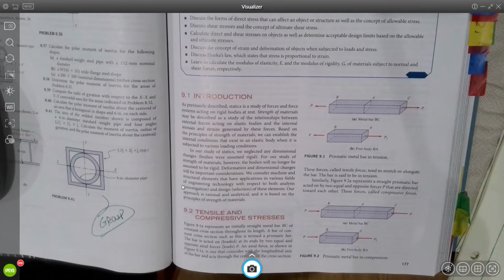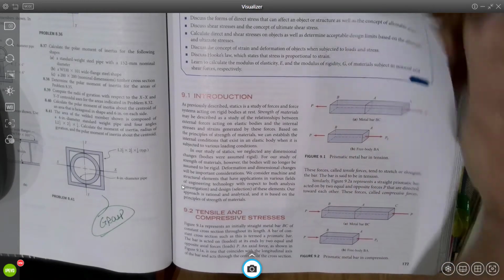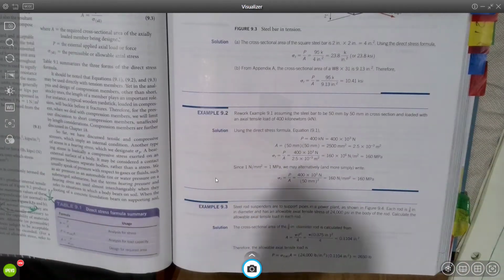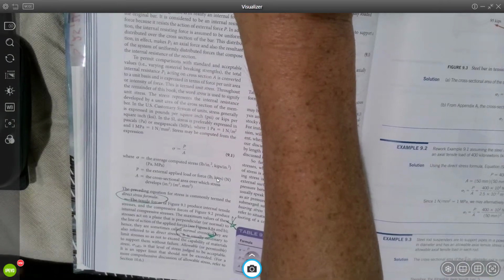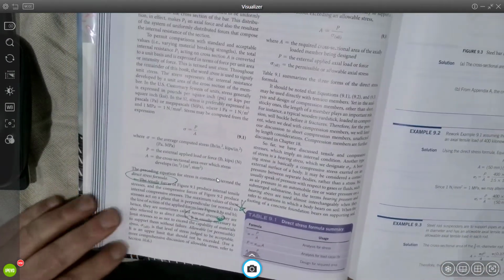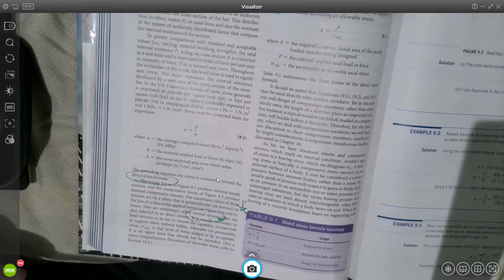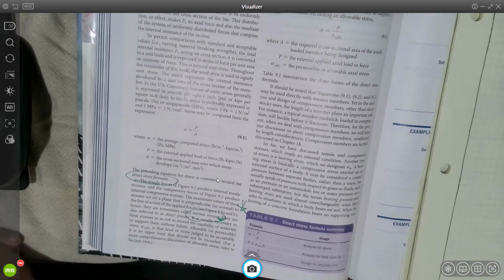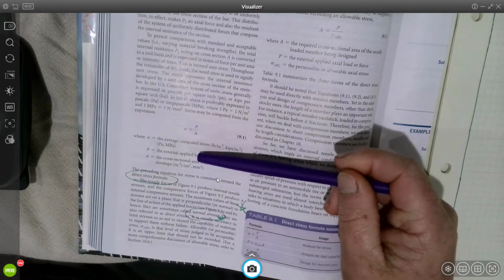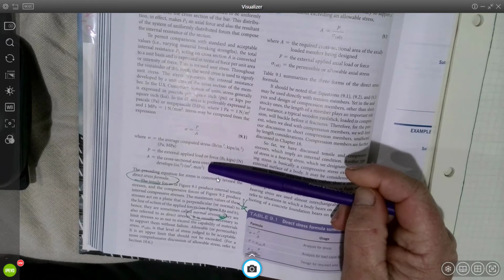So that's the first thing we set up. The equation for it is P over A. P over A is the primary equation for stress all the way through this class. It'll come to you in a lot of different forms, P being the external load and A being some kind of cross-sectional area.